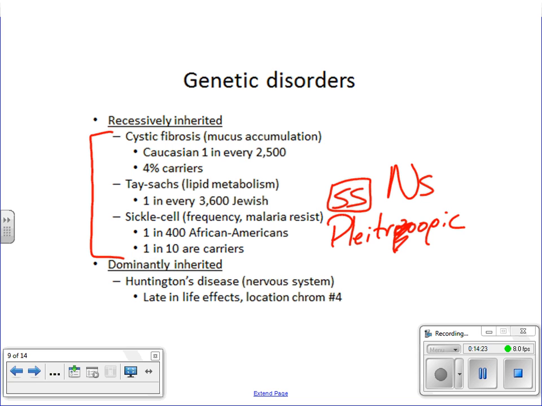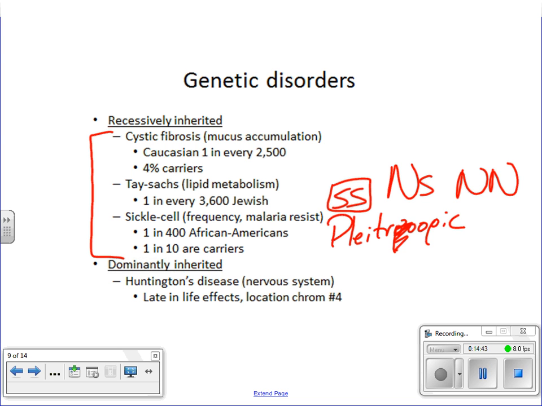So that's a huge benefit to people who are carriers of sickle cell anemia. And somebody who has normal blood cells is not going to have any symptoms of sickle cell anemia, but they will be receptive to malaria. So there's almost a heterozygote advantage to having sickle cell anemia.